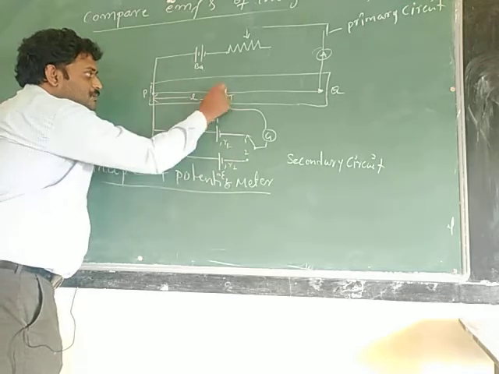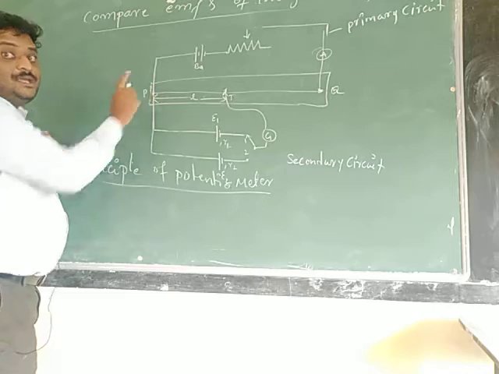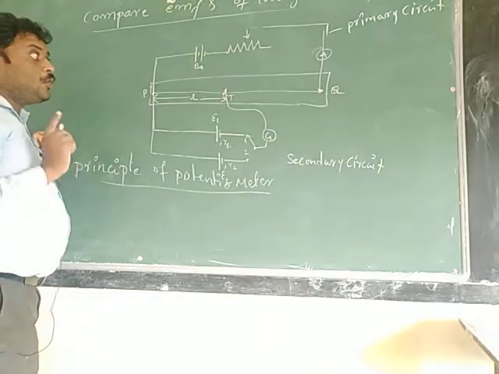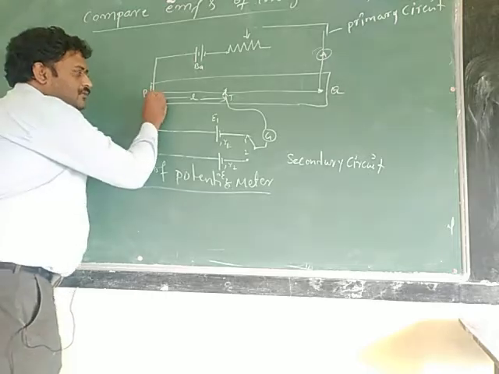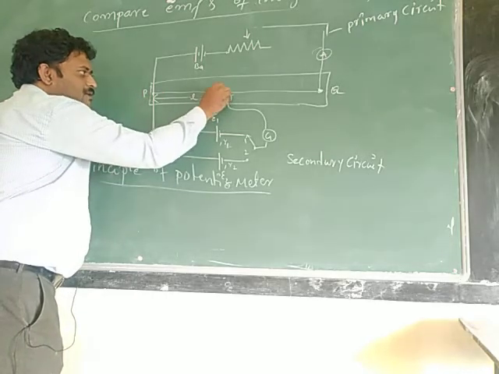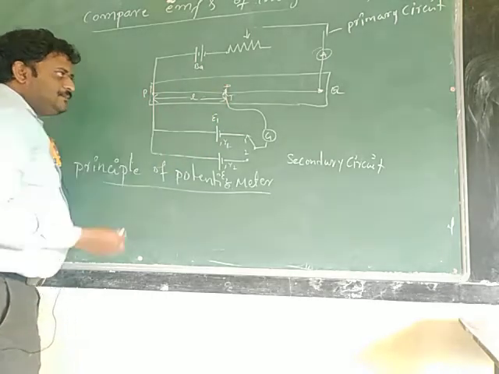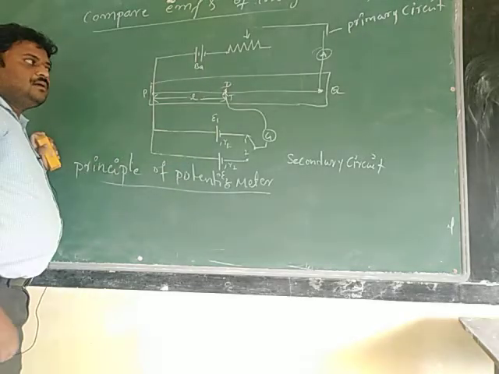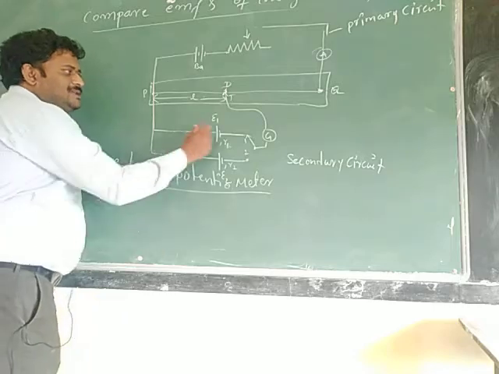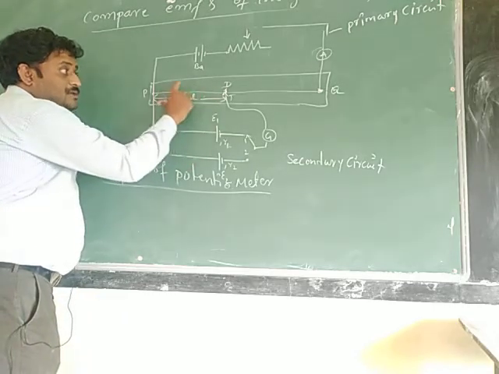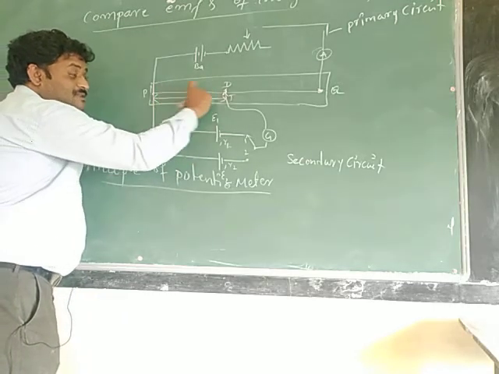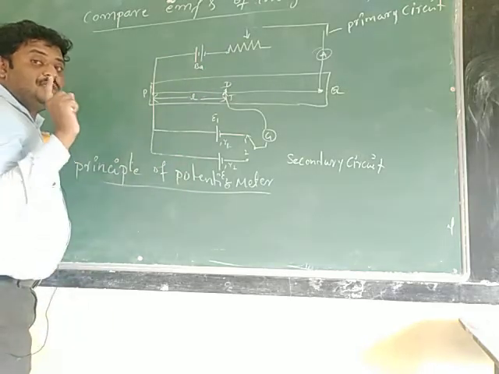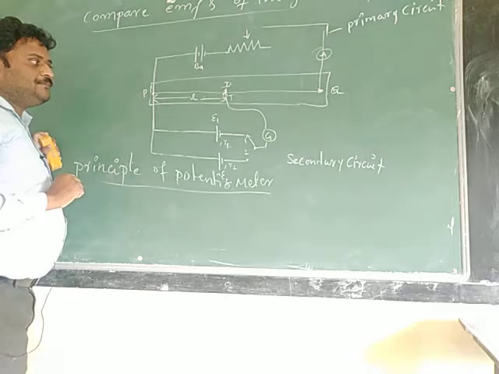The length of that balancing point from the point P is what we call the balancing length. When it reaches the balancing point, let's call it point D, the complete potentiometer is at balancing condition.